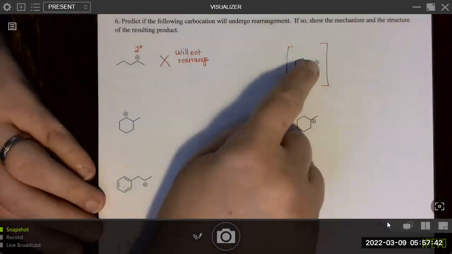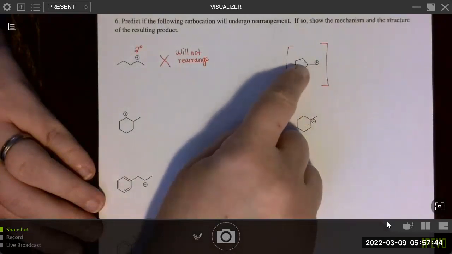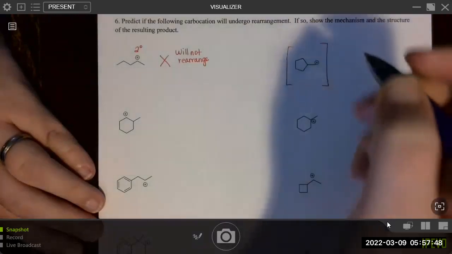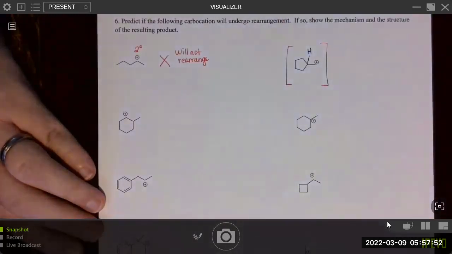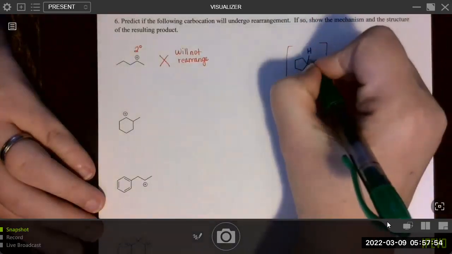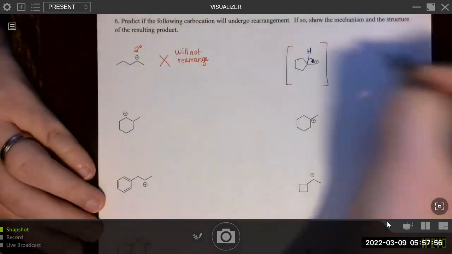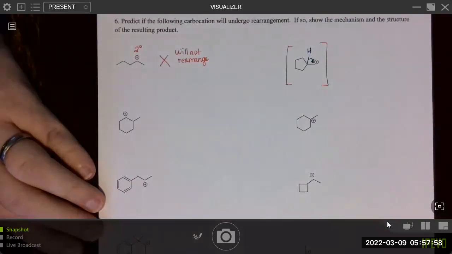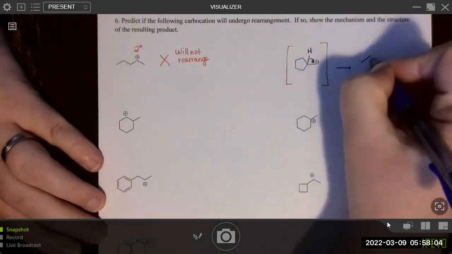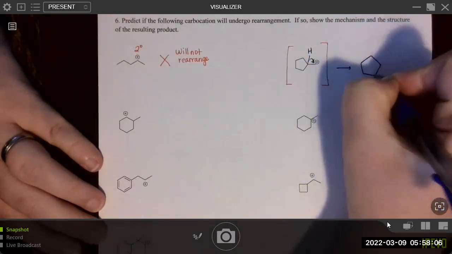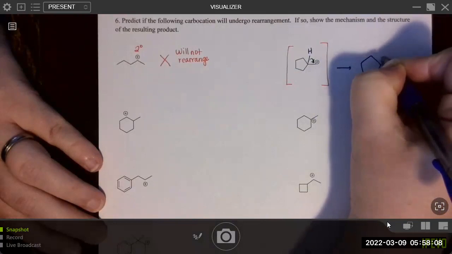Okay, so if it could exist though, can we potentially do a rearrangement? Well, there's no carbon to the right, but there is this carbon to the left, and there is a hydrogen here that we can shift over. So that's a hydride shift. And if that happens, we would end up with a tertiary carbocation.